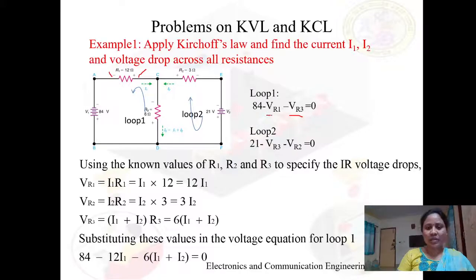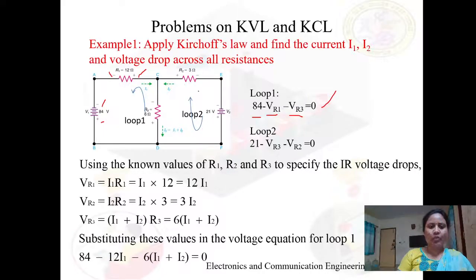It is minus VR1. And for the V1 voltage, you can see the sign changes from minus to plus. Therefore, it is plus V1, or plus 84, so plus 84 equals 0.